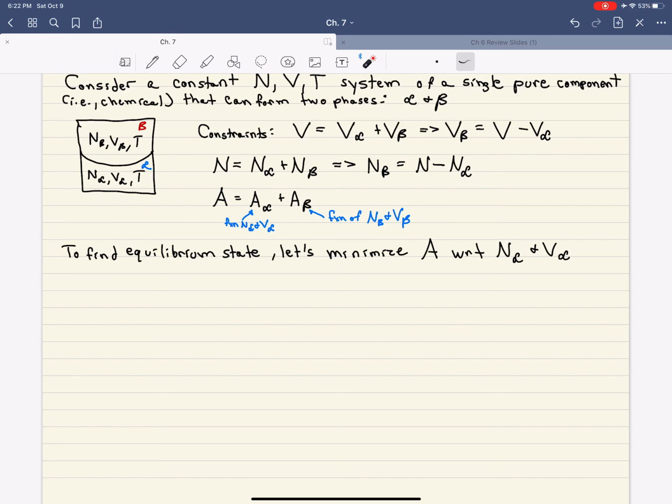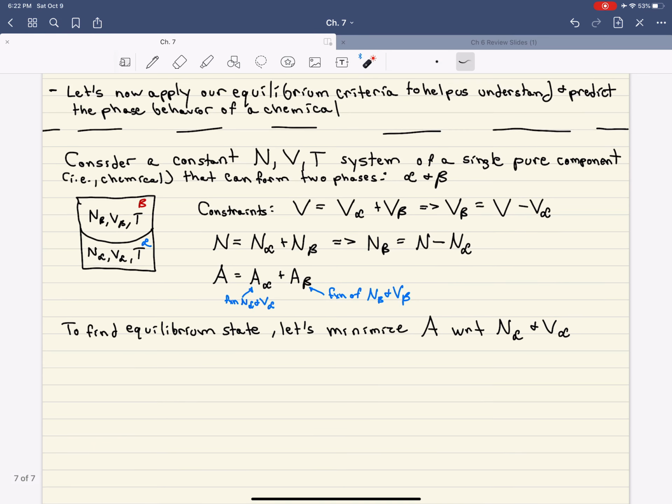And we're picking just only the N and the V of the alpha phase because remember, we have these constraints up here. V, the total volume, is going to be constant in our system because we have a constant NVT system. And V beta, we rewrote it so that it's just a function of V alpha. Same thing over here with the N's. All right, and so here, by doing that, we help reduce the number of independent variables in our system.